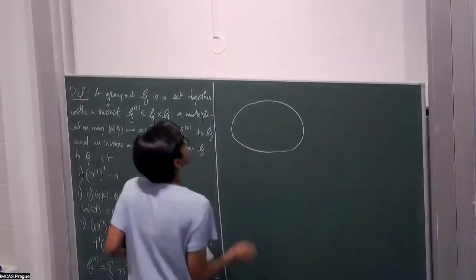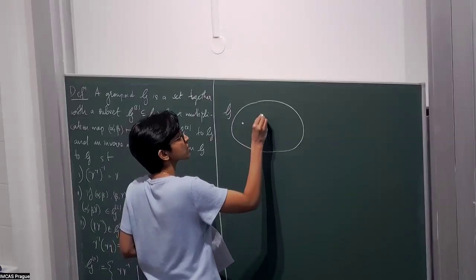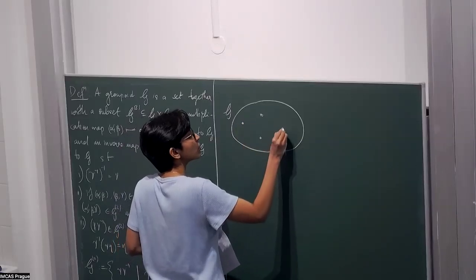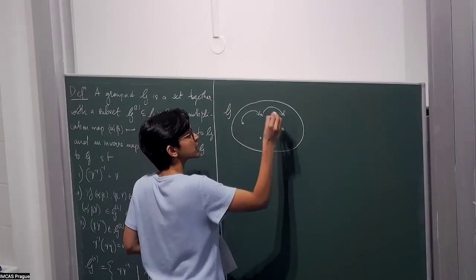So a groupoid is just going to be: I have the unit space, and now I just draw arrows between these.